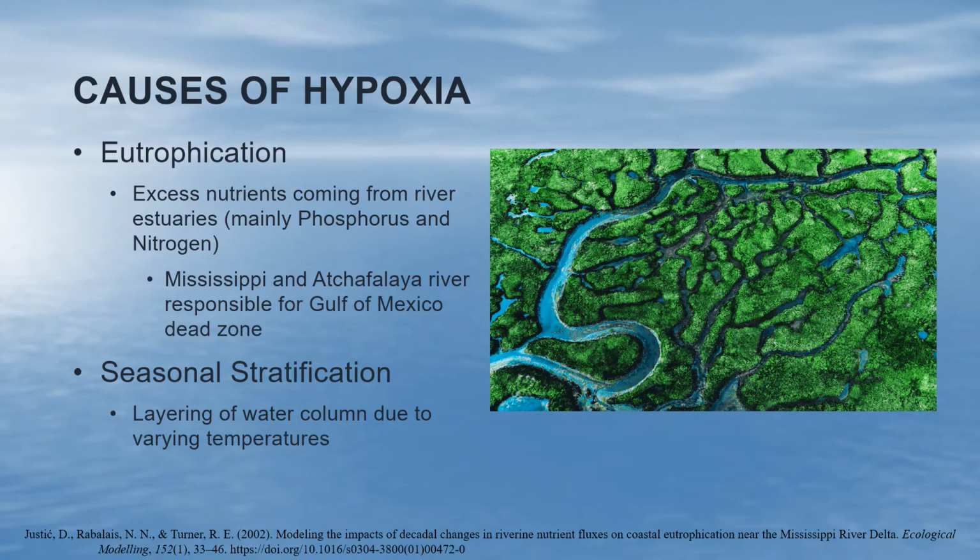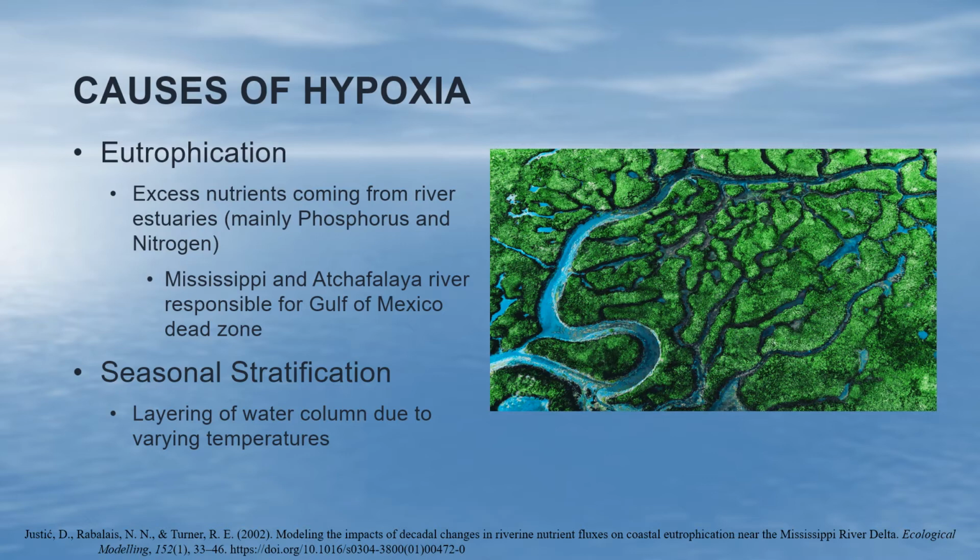The two main causes of hypoxia are eutrophication and seasonal stratification. Eutrophication happens when there are excess nutrients. For the Gulf of Mexico, this happens when excess nutrients from the Mississippi and Atchafalaya River estuaries enter the ocean and mix with salt water.